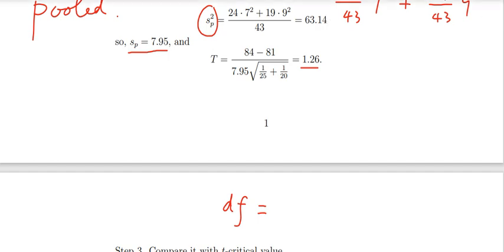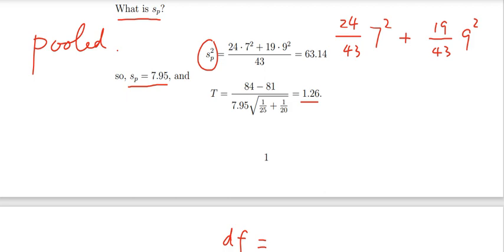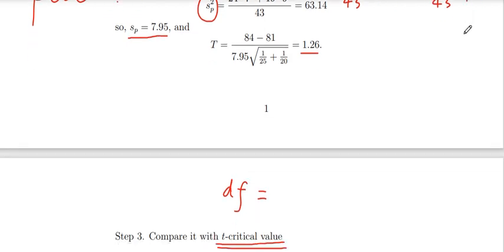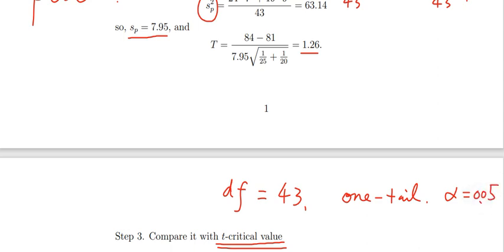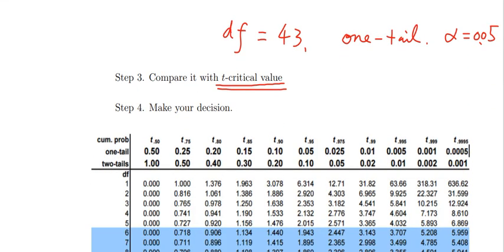This denominator is the degree of freedom, 43. And is it one tail or two tail? One tail, and for one tail the alpha is 0.005. Based on this information, you can find the critical value. So check the t table, with degree of freedom 43.